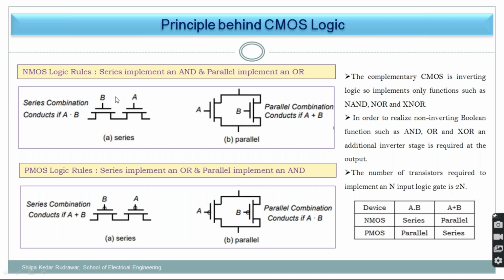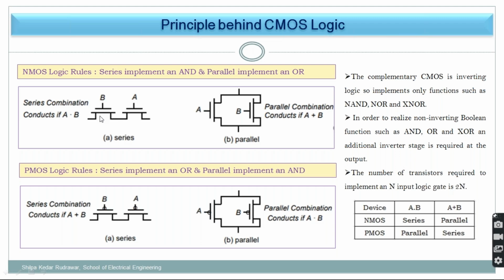If you need to connect NMOS devices, if A into B, that is a product, it is defined as series. And if it is the plus sign, that is addition, you define it in the parallel way. The direction might be different, it is showing like this, but you can make it like this also. There is no such problem in that.